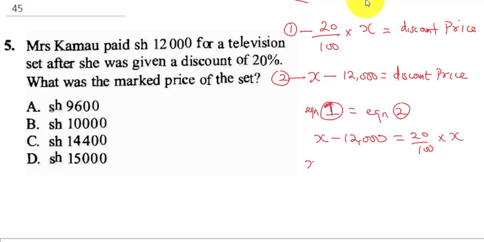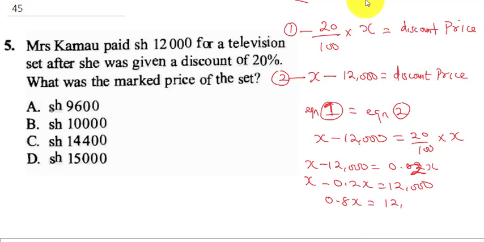So this is going to be 0.2x. So x minus 0.2x is equal to what? 12,000. So this will give me 0.8x equal to 12,000.